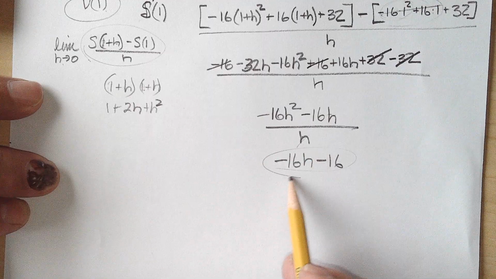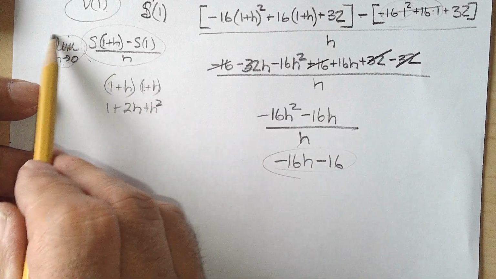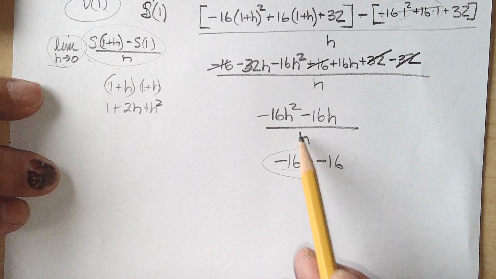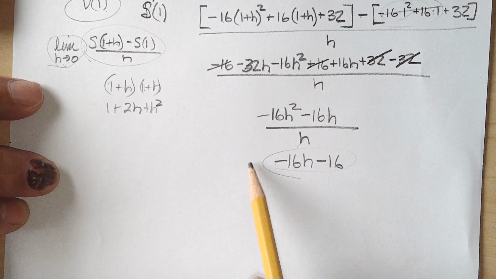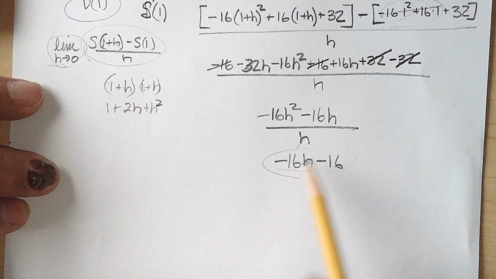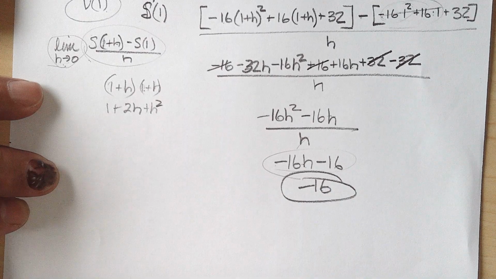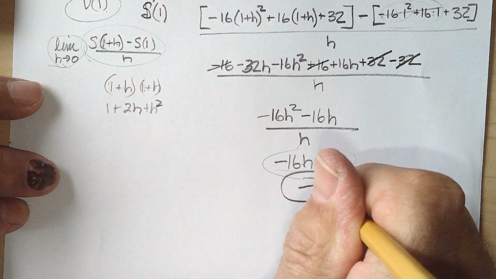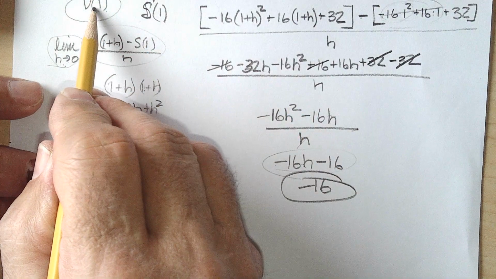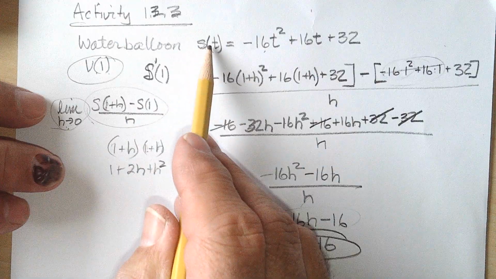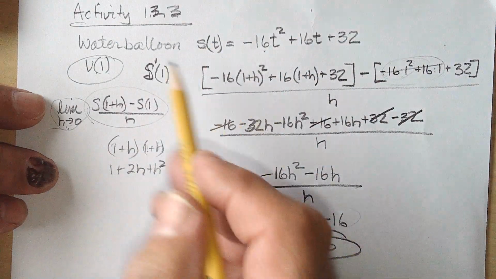And I have this, and I'm supposed to find out what happens when h goes to 0. When h goes to 0, I don't have the divide by h anymore, so I can just put 0 in for h, and I get minus 16. So that's the speed, the derivative, the slope of the distance curve at 1.